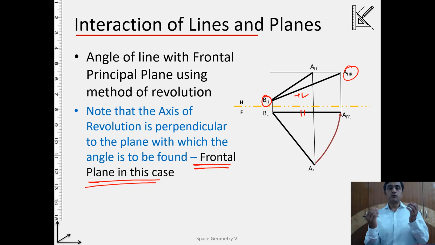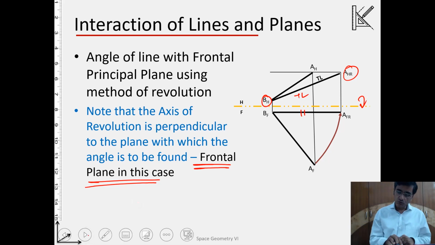Now we have the true length, and also we know the edge view of the frontal plane, which is shown by the hinge line here. The angle between the true length and the edge view is the angle between the line and the frontal plane. So we mark that here, and that's the angle phi F.